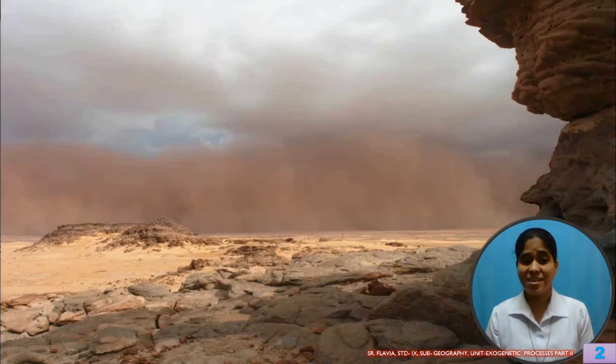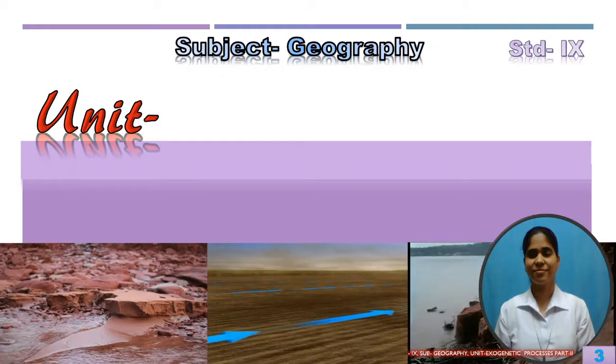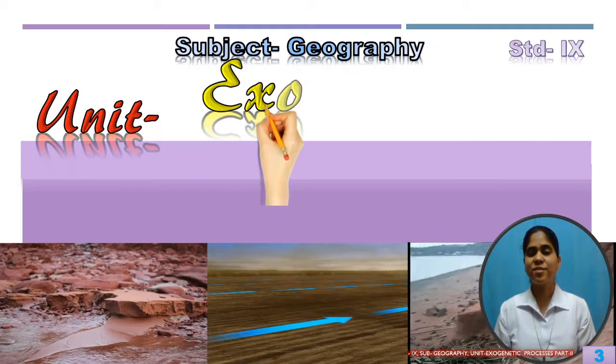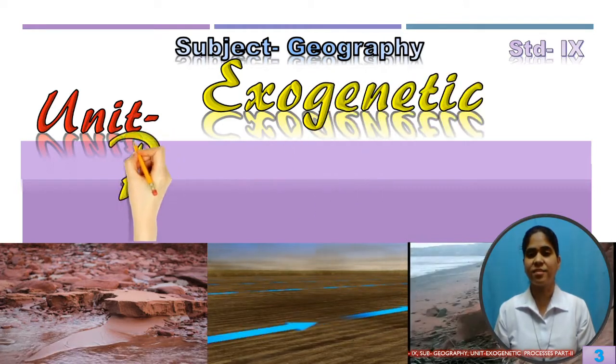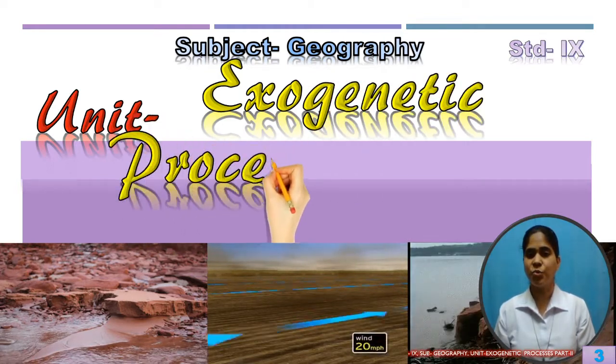Isn't it? Yes. So now in this lesson, we shall study about the erosional work of the wind and the sea in the continuation of our geography lesson, that is Exogenetic Processes, Part 2.